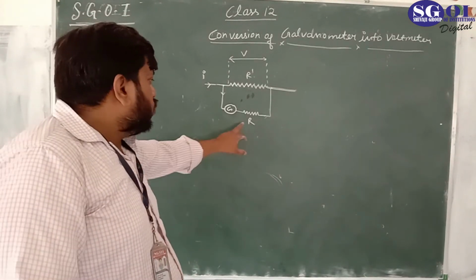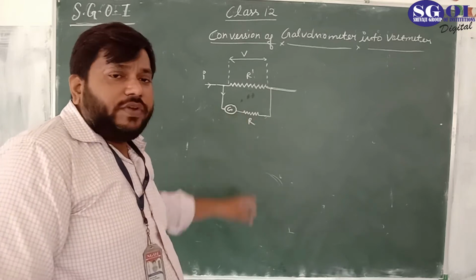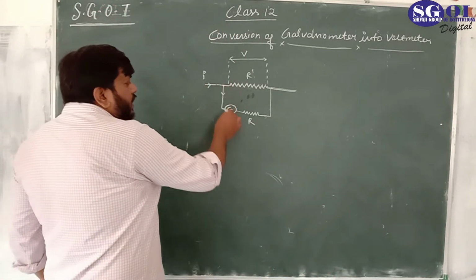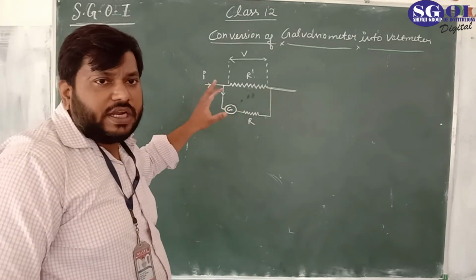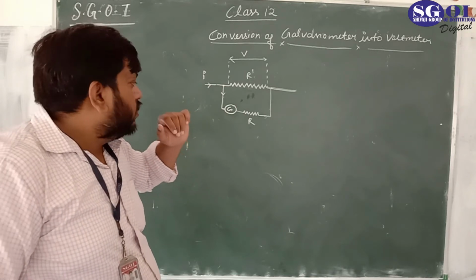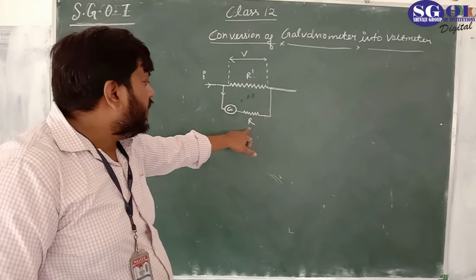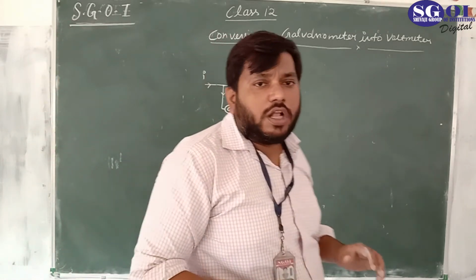So students, what should be the value of this resistance? Should it be large or small? Our aim is to make the current passing through this particular path, in which the galvanometer is connected, very low. So the resistance should be very high, because if the resistance is very high, the series combination's equivalent resistance will also be very high.